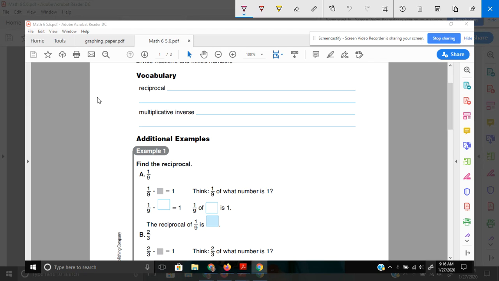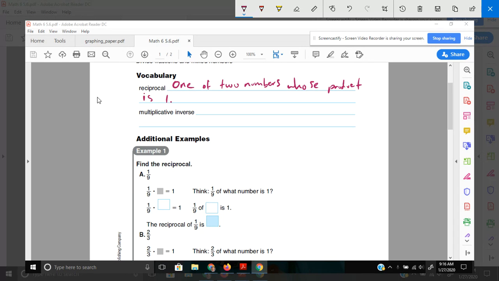All right, the first vocab word that we have is reciprocal, and the reciprocal is one of two numbers whose product is 1.